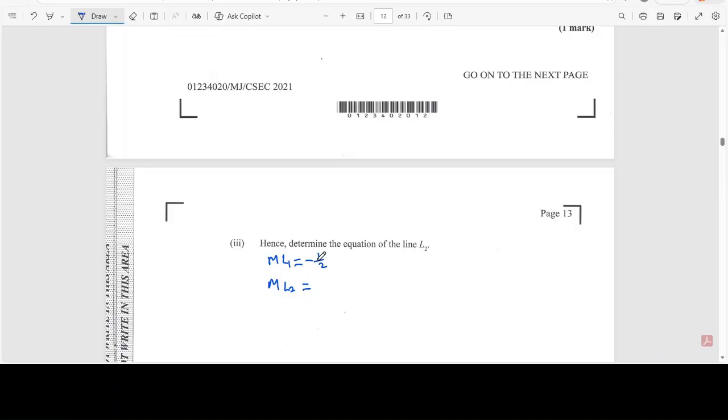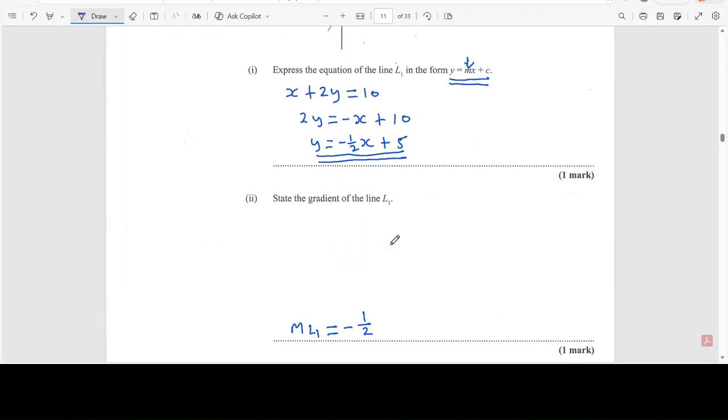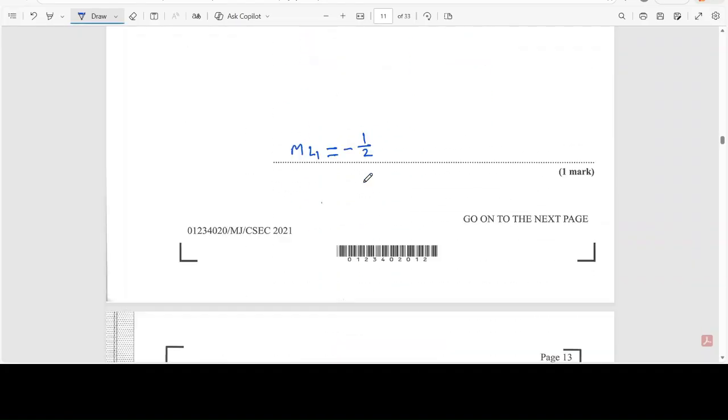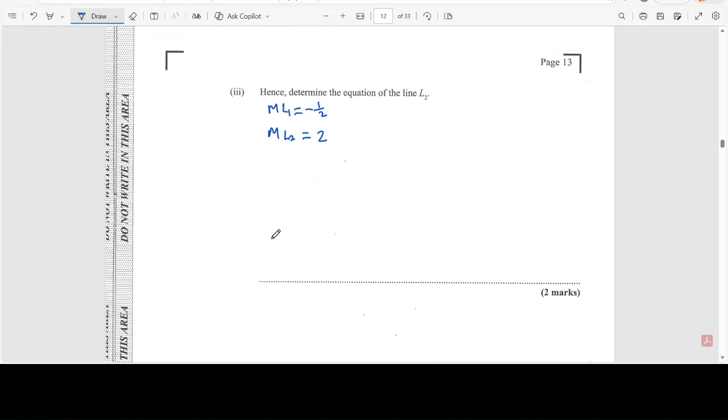So if this is negative a half, it will be the reciprocal of a half, which is 2. And so this one will be positive. So the gradient of line L2 would be 2. And then we go on the graph. L2 cuts the y-axis at negative 5, so c will be negative 5. The equation of that line is y is equal to 2x take away 5. Right? 2 is the gradient, negative 5 is the y-intercept.